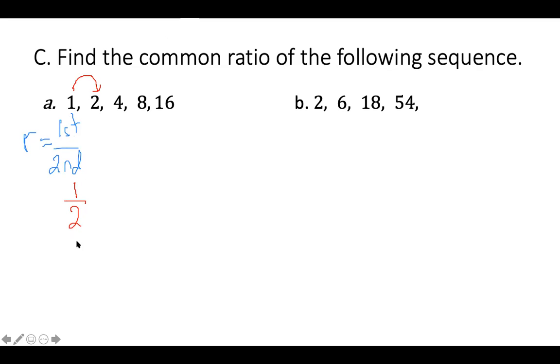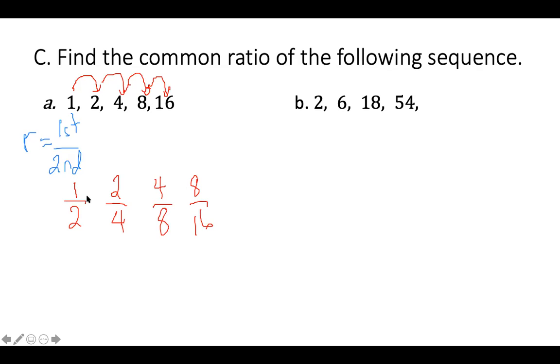First over second, 1 over 2. Next ay, ang first natin ay 2 over the second, which is 4. Okay, next ay, ang first natin ay 4 at ang second natin ay 8. Next ratio, ang first natin ay 8 at ang second natin ay 16.